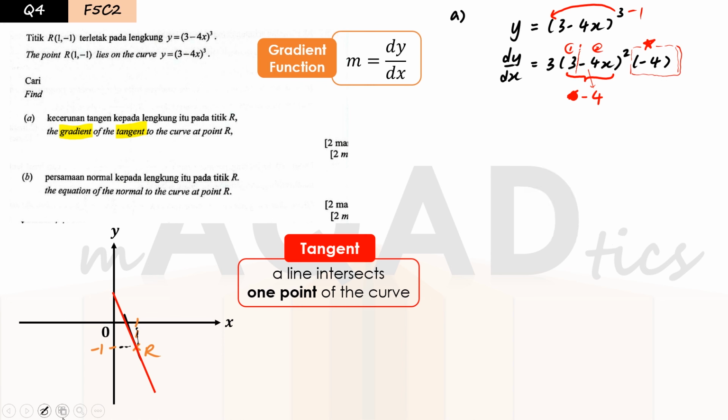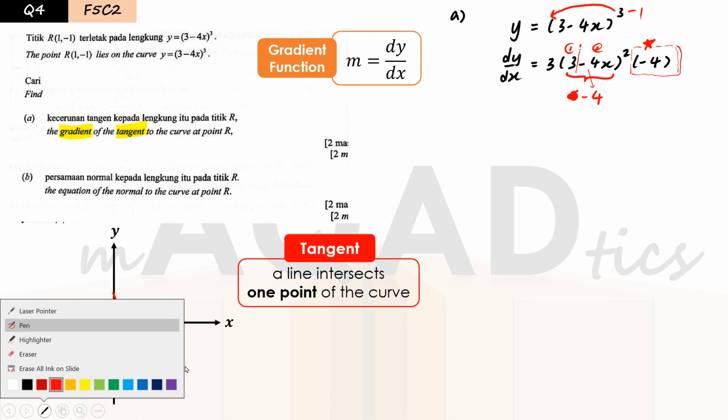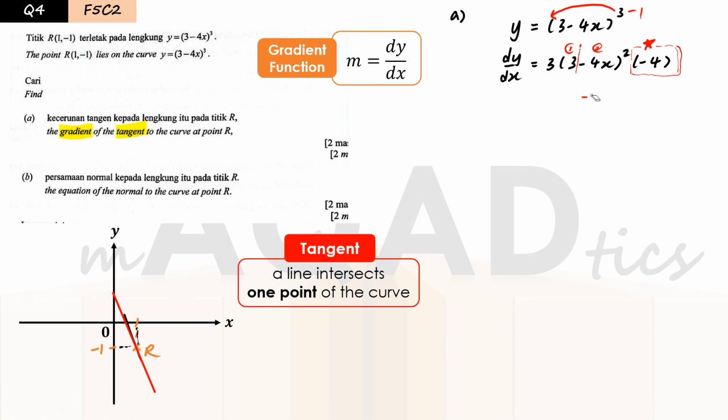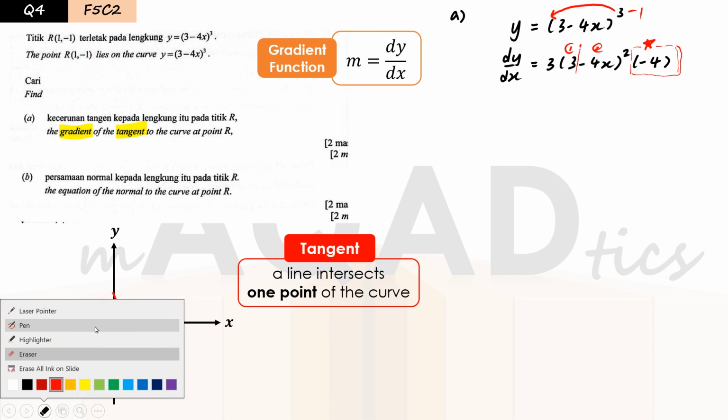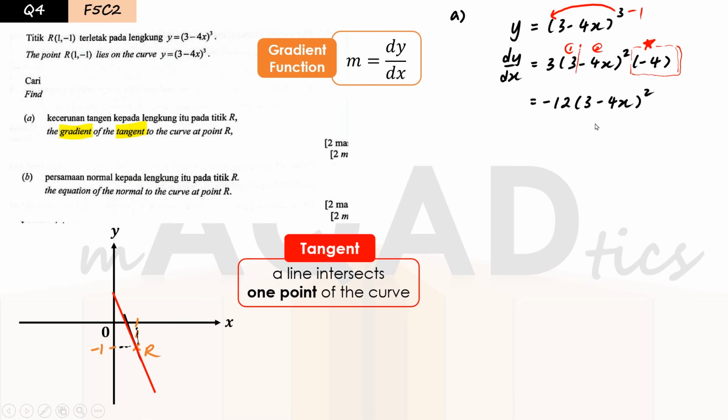Okay, so once we differentiate the equation, the result would be something like this. Negative 4 times 3 will be negative 12 here, and the things inside the bracket do not change. Now we are finding the value of m, right? But as you can see, there's an x here. We are not finding the expression, we want a value.